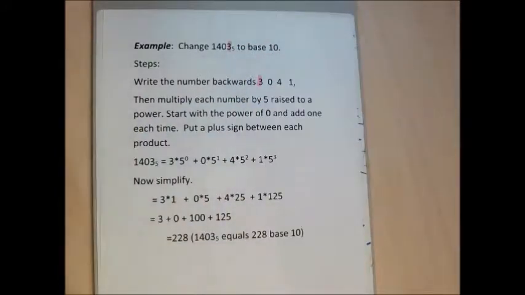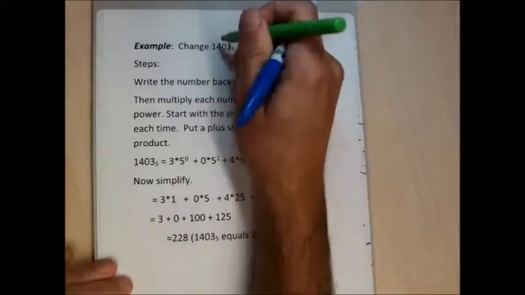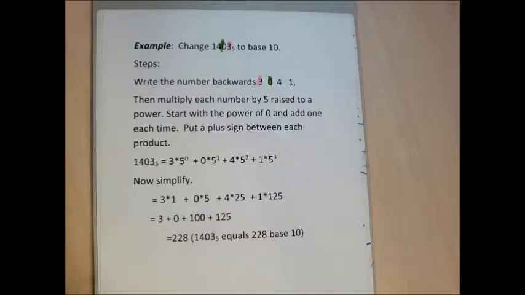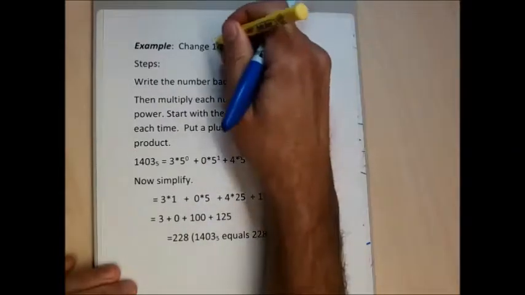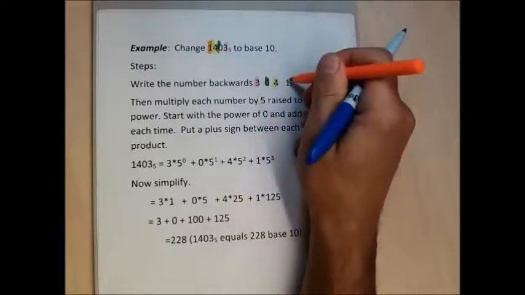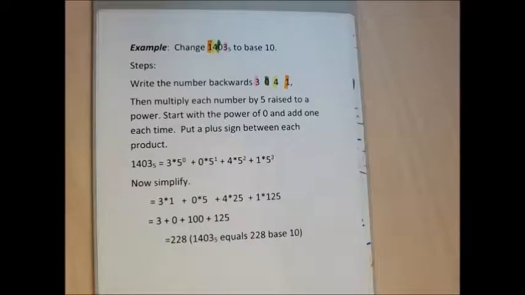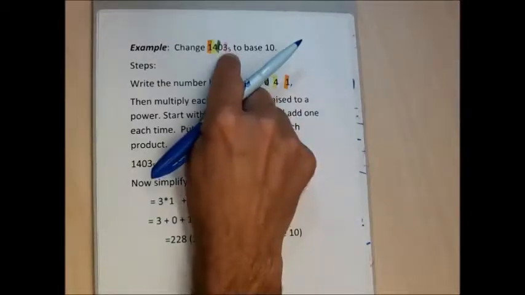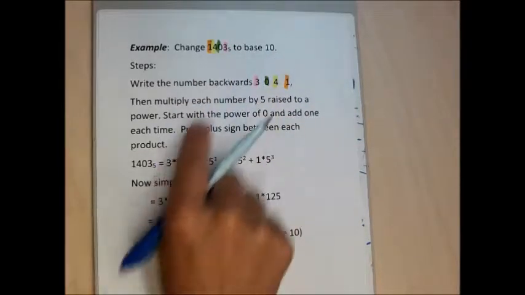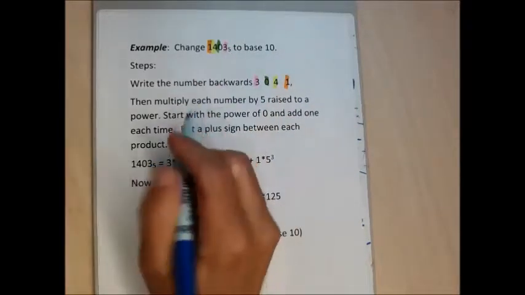So I'm going to write the 3 first, the 0 second. This is trying to accomplish my goal of writing the number 1403 base 5 into base 10. So I wrote the number backwards. Then I looked at the base 5 and I took each one of these numbers, 3, 0, 4, and 1, which is the number written backwards, and I multiplied each by a power of 5.